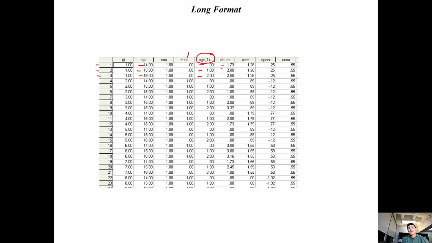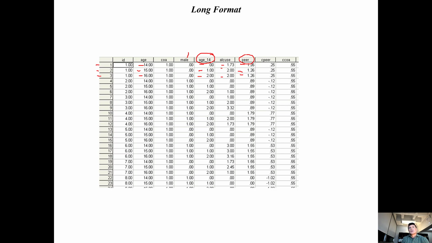We got alcohol use at these different time points. So this is a time varying covariate. So this changes over time. We expect this is the outcome variable, so this does change over time, of course. And then we've got peer, which is how much peers use at age 14. So this is not a time varying covariate. This is just at that first time point, and we just carry it forward.